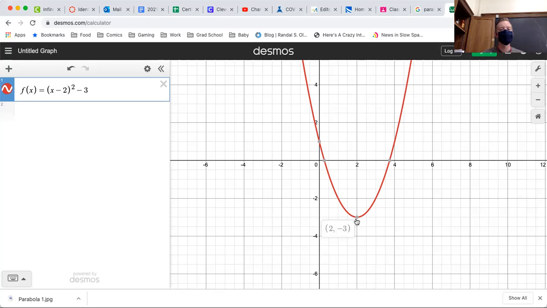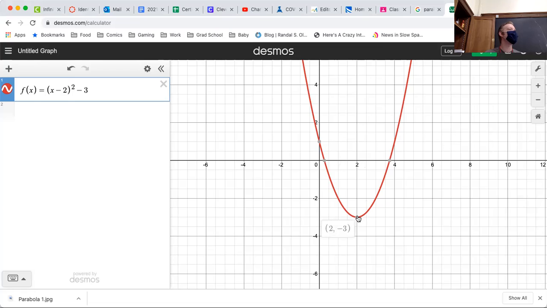Notice here, this (2, -3) actually corresponds to the transformations we had talked about in the last unit. If we have a -2 inside the parentheses, that moves our graph 2 spaces to the right. Our graph is moved 2 spaces to the right here. If we have a -3 on the end, that moves our graph 3 spaces down. And just like we had described, that moves our graph 3 spaces down.